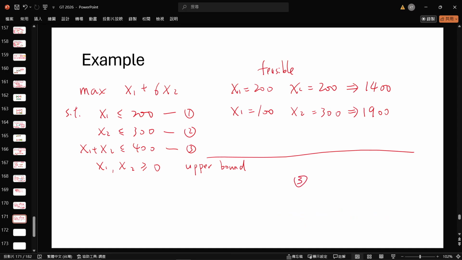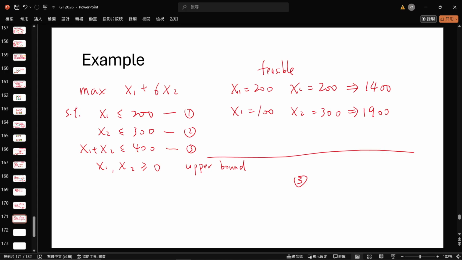Because the coefficient of x1 is 1 here, it makes sense to just assign a weight of 1 to the third constraint.